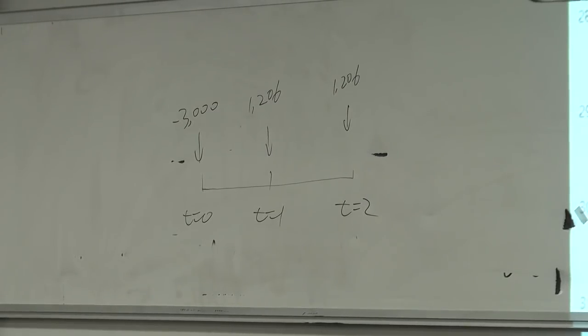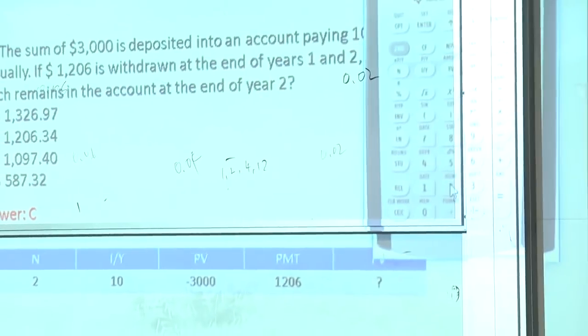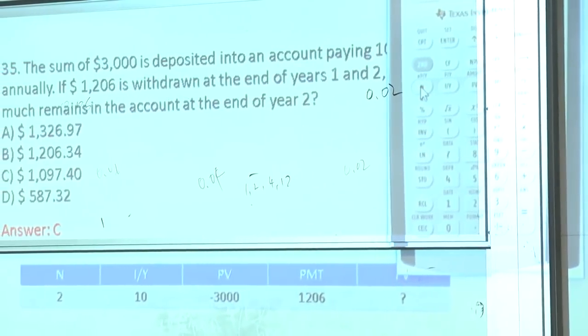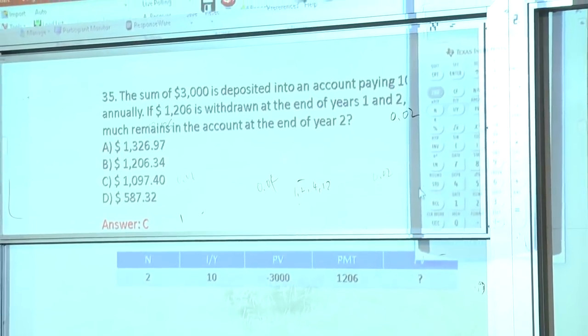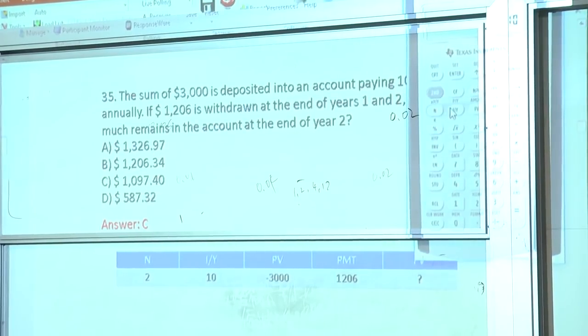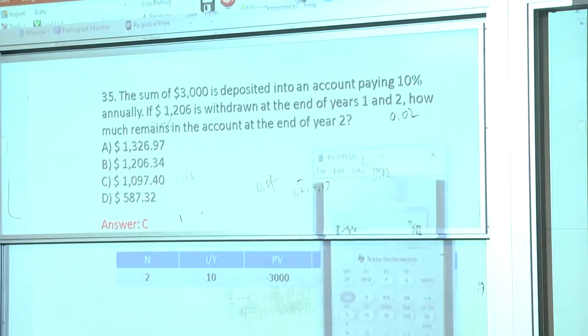And then we can use the calculator. Let's do that together. Work on your calculator. There are 2 years, so N equals 2, and the interest rate is 10.